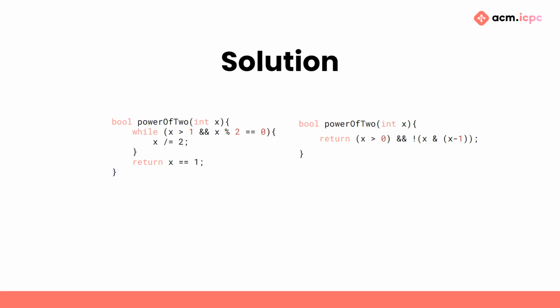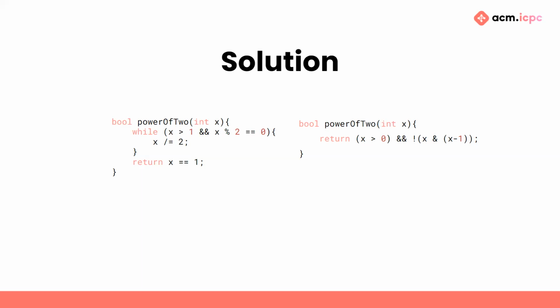So we have 8 equals that in binary, and we have 7 equals that in binary. So whenever you subtract 1 from a power of 2, it just becomes all ones, up until the position of the 1 that the power of 2 represented.